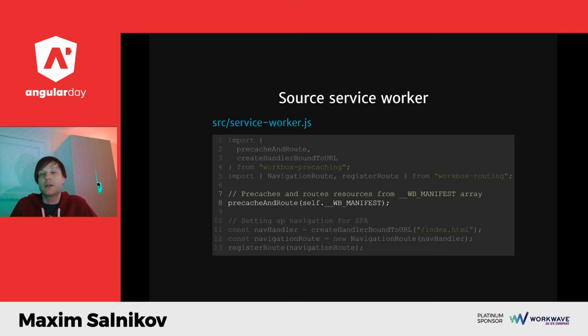We only need to explain some information about our application to this method, and we'll take care of this on the next slide. For now, we put a sort of placeholder called self.__WB_MANIFEST, which has to be replaced by an actual array with the list of the files we want to precache.